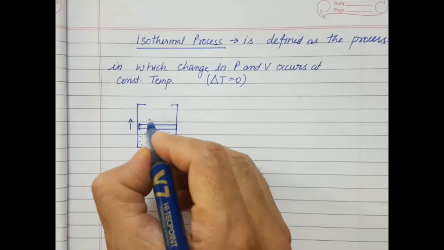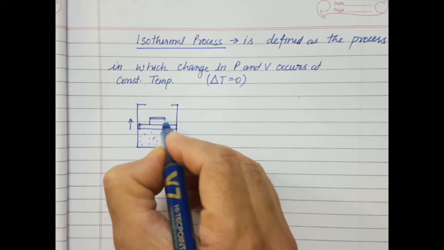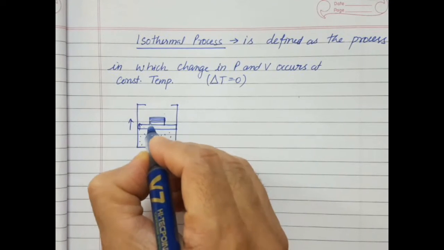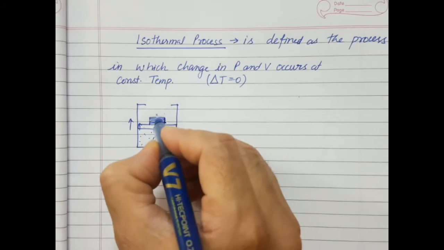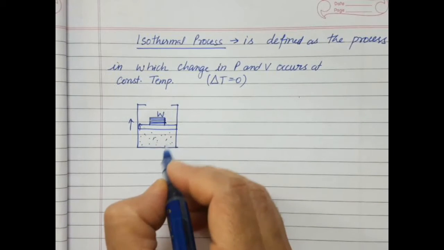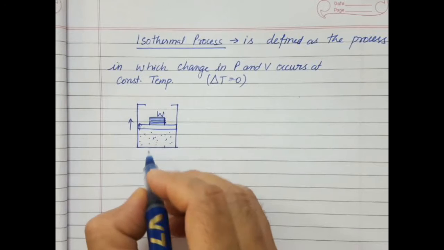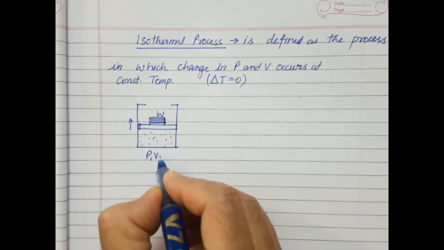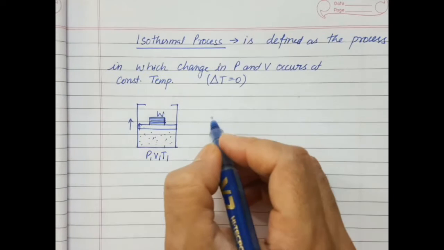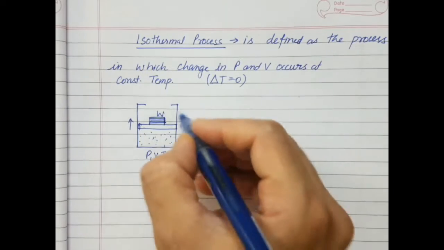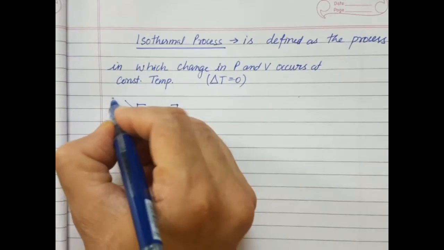Now let us assume we have put a weight which is in the form of very small strips, and the initial coordinates, let us say, are P1, V1 and T1. Now let us assume I remove a very small weight dW.